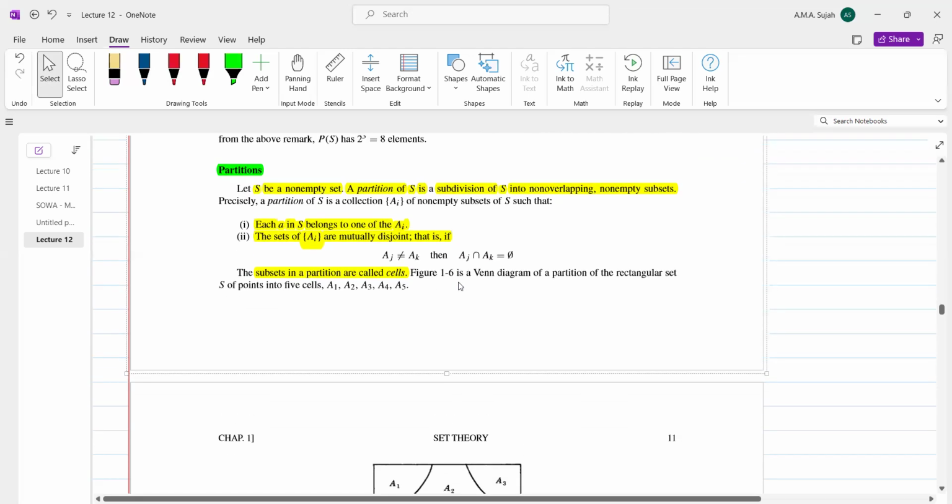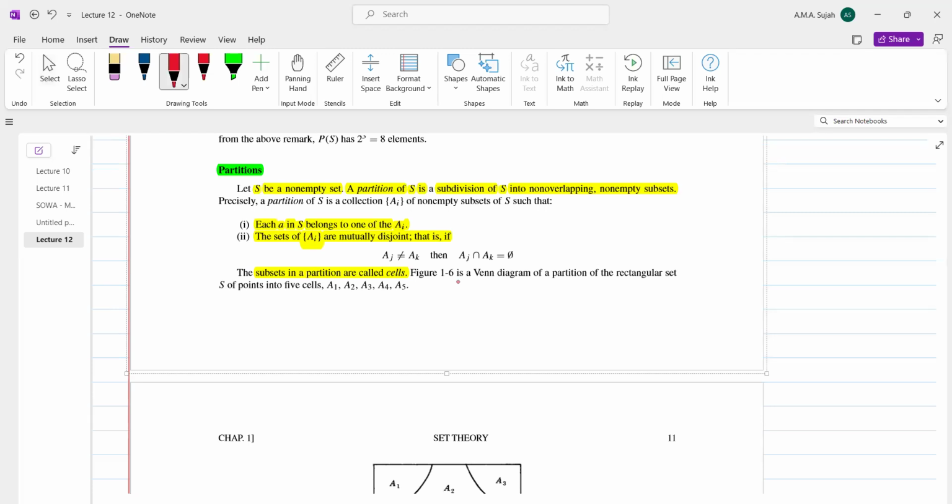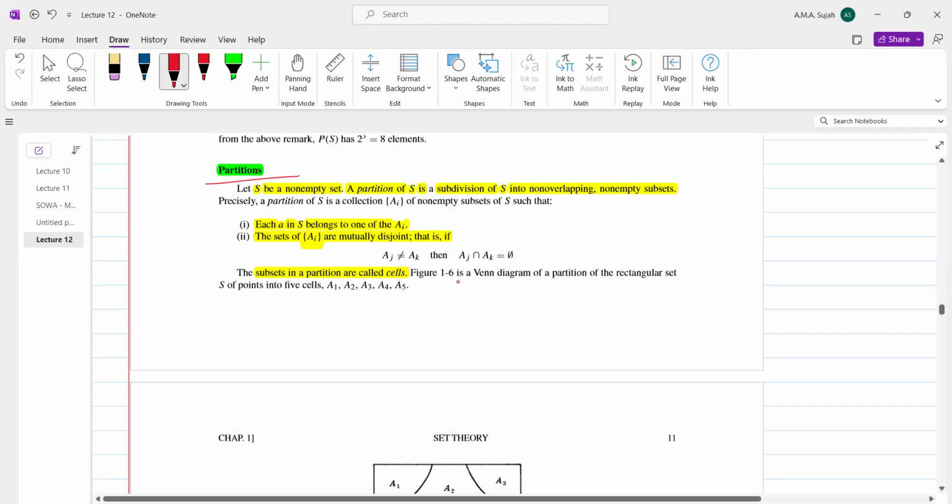Okay, if you don't have any questions, now we will move on to partitions, right?